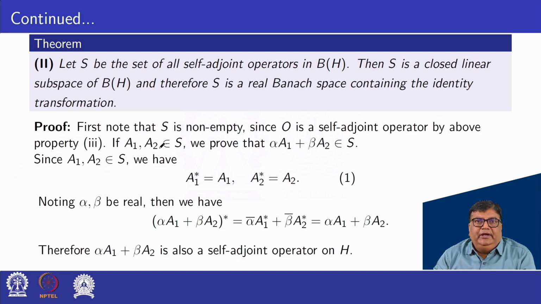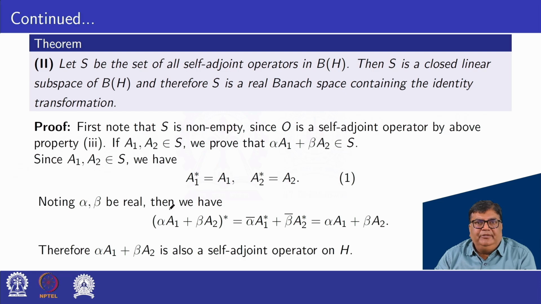If A1, A2 belonging to S, we prove that alpha A1 plus beta A2 belonging to S, where alpha and beta are scalars. Since A1 and A2 belong to the set of all self-adjoint operators in BH, therefore A1 star is equal to A1 and A2 star is equal to A2.